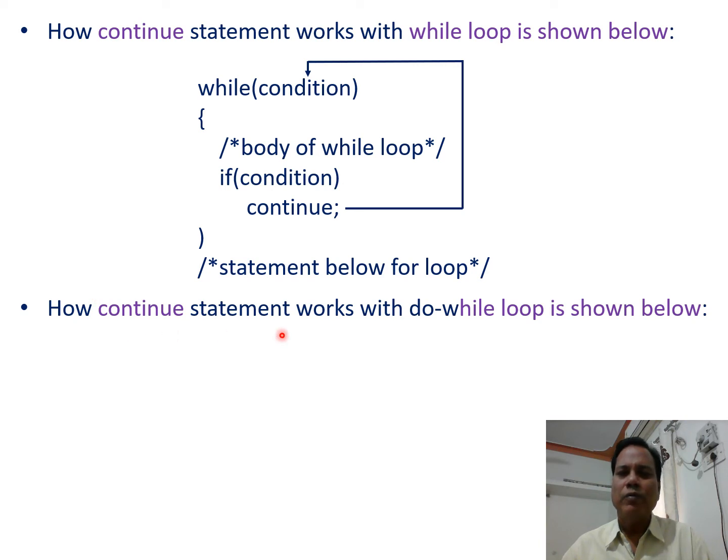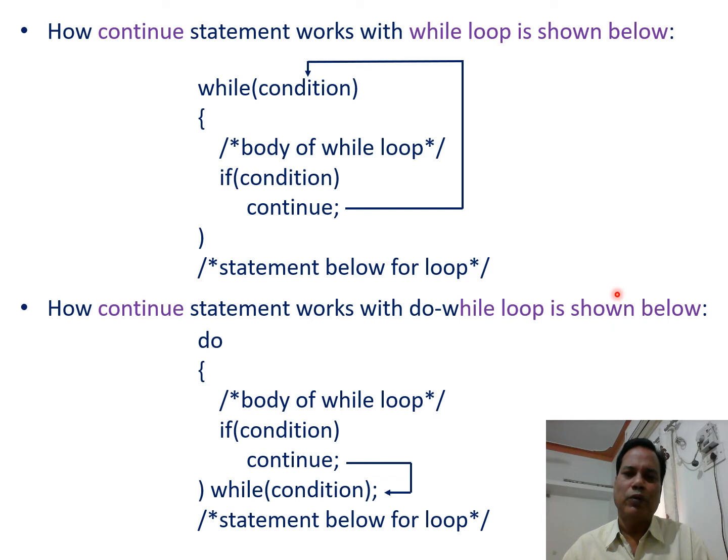How continue statement works with do while loop is shown below. In case of the do while loop, once the condition for execution of the continue statement is satisfied, it goes to test the condition, skipping any statement written in the body of the do while loop.